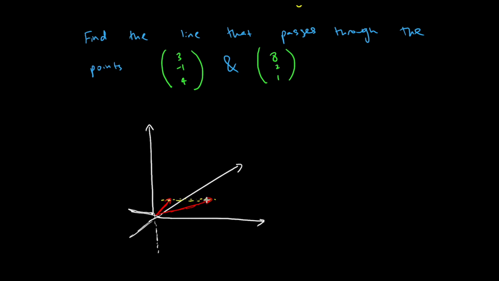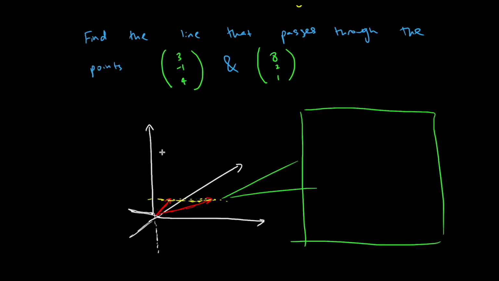So basically, just this line. I can map this into a more 2D looking thing.